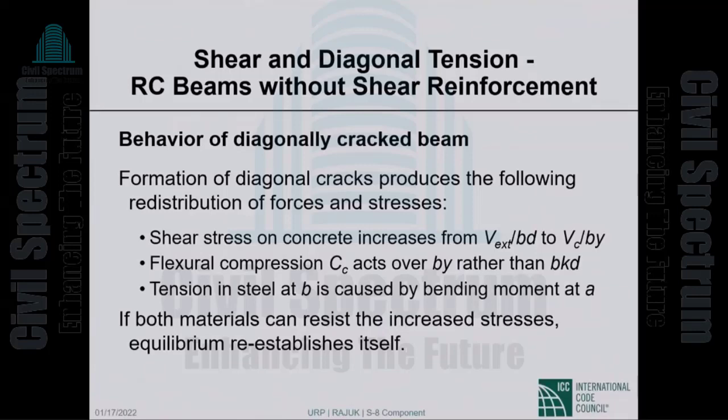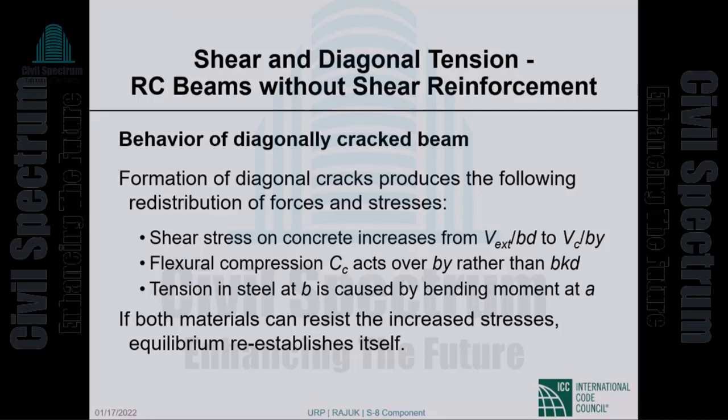So formation of diagonal cracks produces the following redistribution of forces and stresses. Shear stress on concrete increases from V external over BD to VC over BY. Okay, so before the diagonal crack, the shear was V external and the stress was that divided by the section BD.